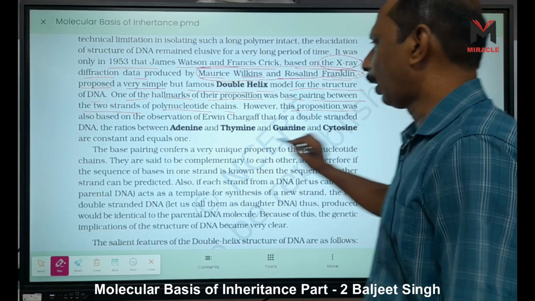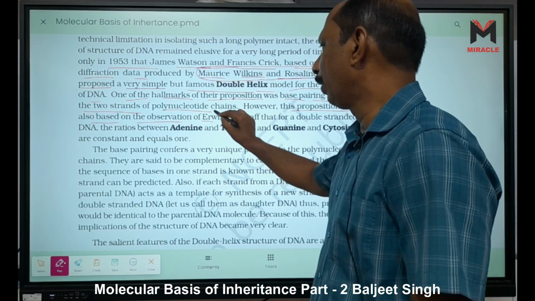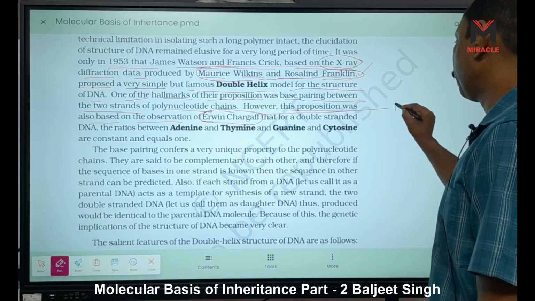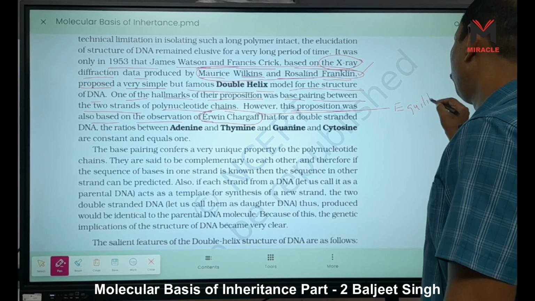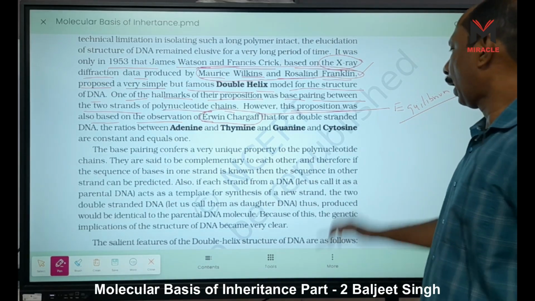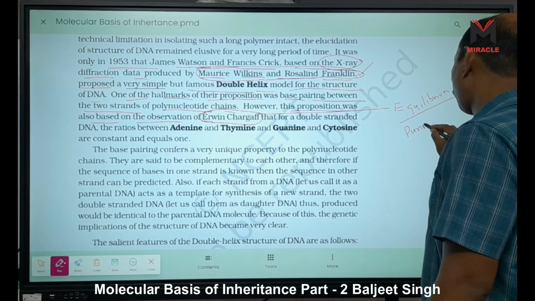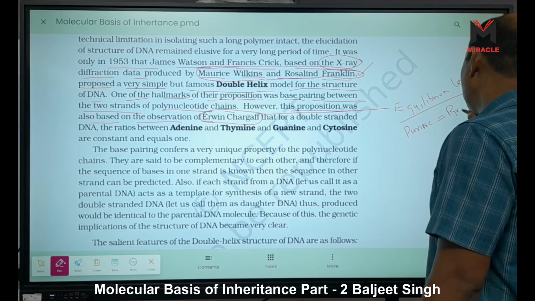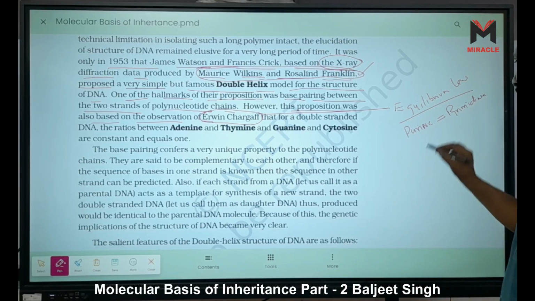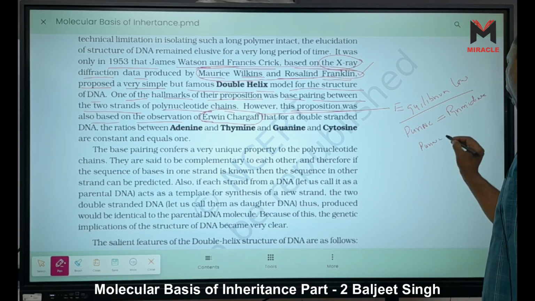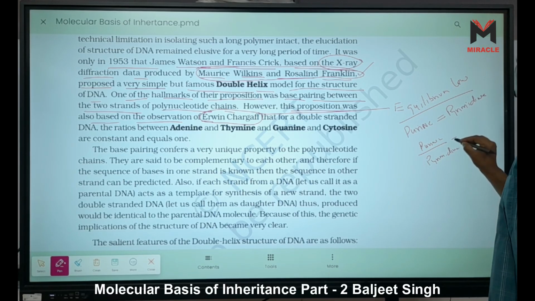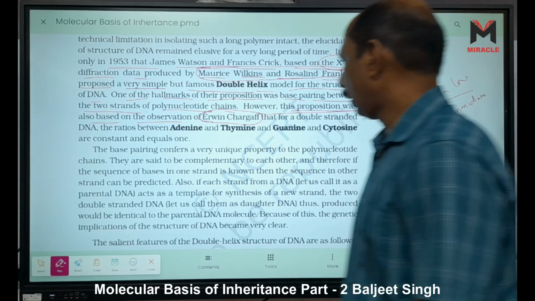However, this proposition was also based on the observation of Erwin Chargaff's law. He gave the equilibrium law. He said that purine is always equal to pyrimidine, or we can say purine upon pyrimidine is equal to 1, right?